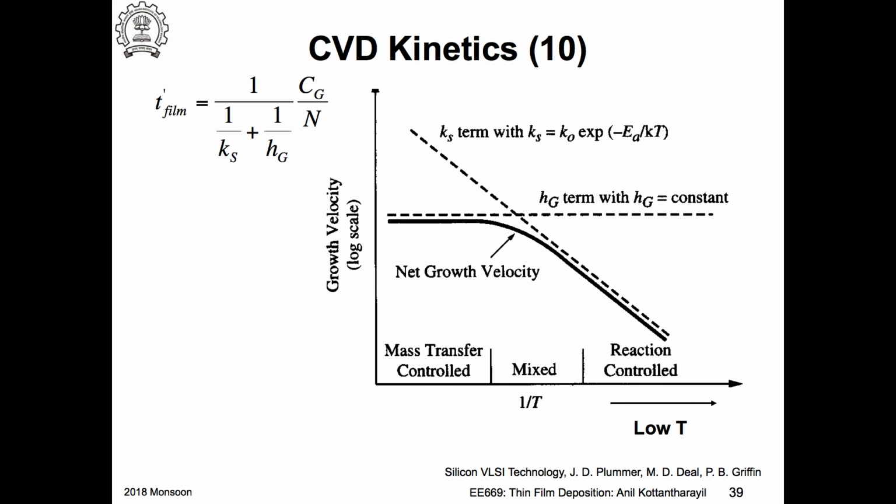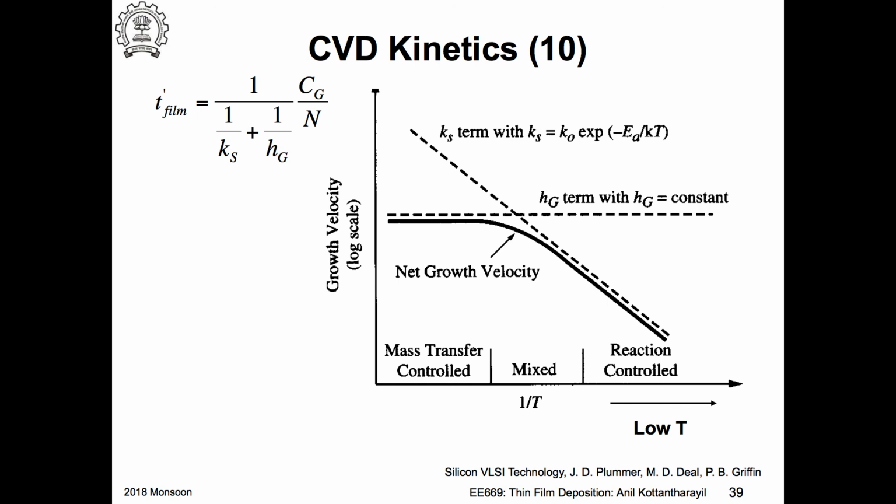So as you decrease the temperature, because this is the 1 by T axis, as you go towards the right, the temperature decreases and the reaction rate decreases. And this is the Hg term, and suppose Hg is constant, so you have this term, so the net growth velocity would follow the lower of these two at any given temperature.